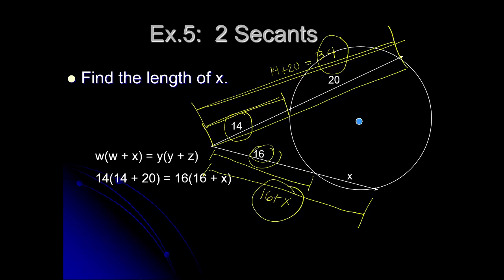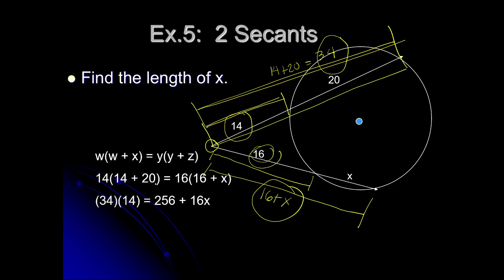So the same line should be visible. The shorter on this line is multiplied by the longer segment. On this other line, the shorter is multiplied by its longer segment. We always start from the vertex. Take note of that. Now, let's distribute this.